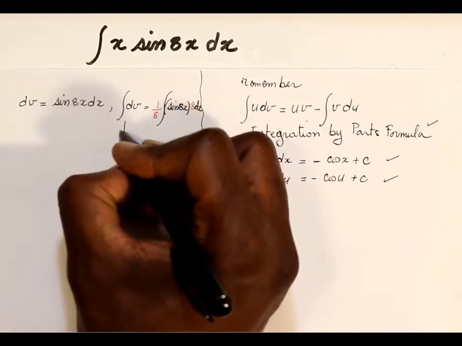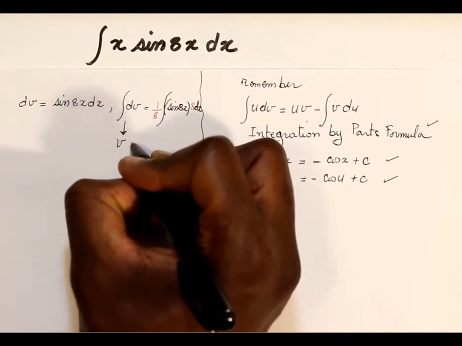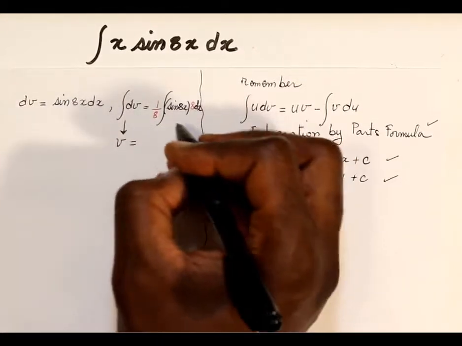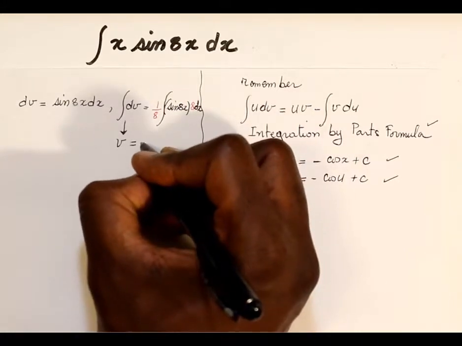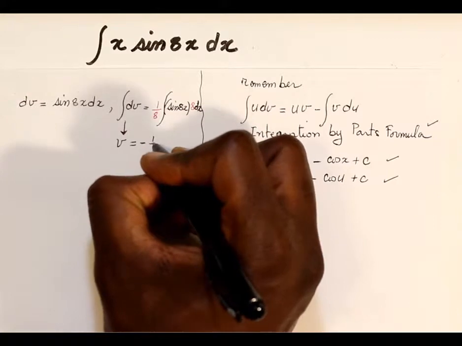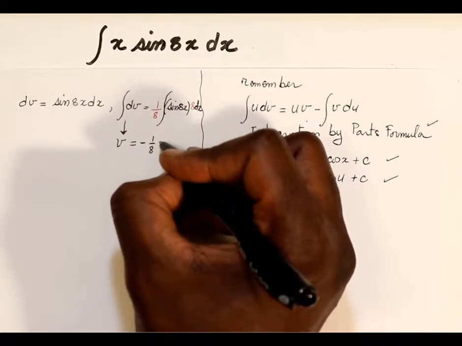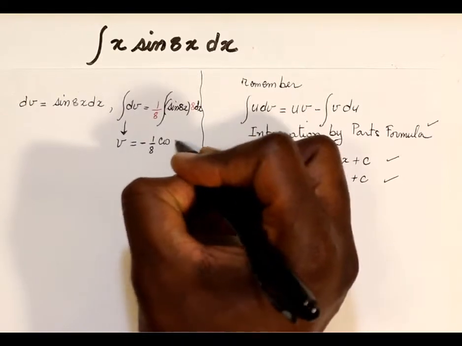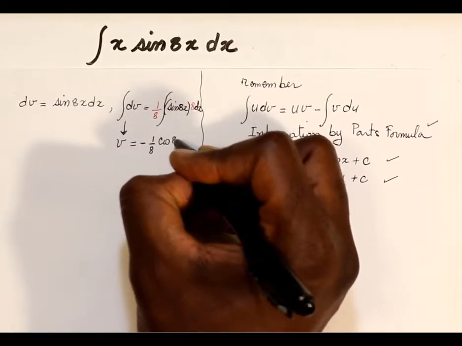The integral of dv, undo the derivative, so it's going to be v, because of the inverse function. And the integral of sine x is negative cosine x, so just stack on the negative sign in front of 1/8, and it's going to be cosine 8x.